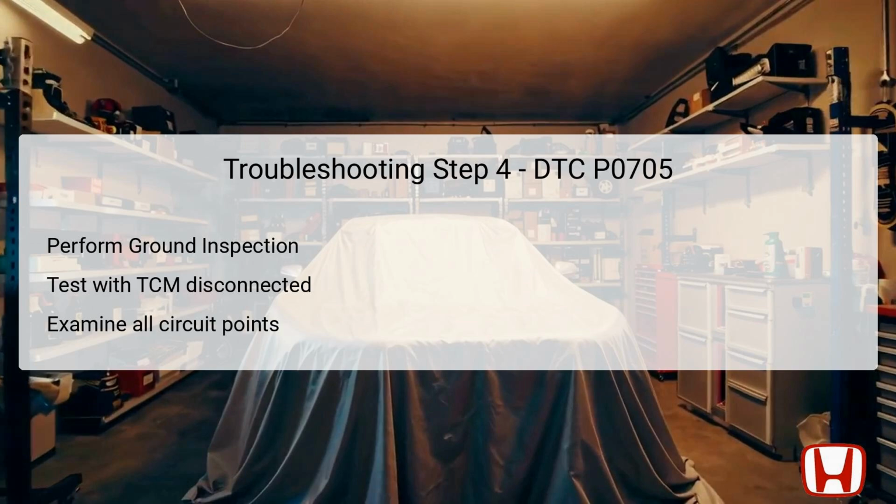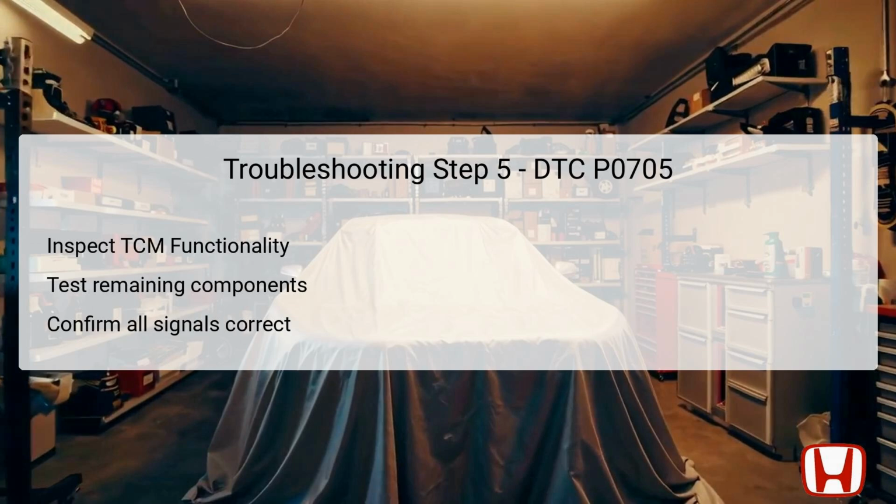resolution of the DTC. The final troubleshooting step requires a comprehensive inspection of the TCM itself. If all previous checks return normal results, the TCM may be the faulty component. Testing its functionality involves verifying that it effectively interprets the signals from the range switch and other components.